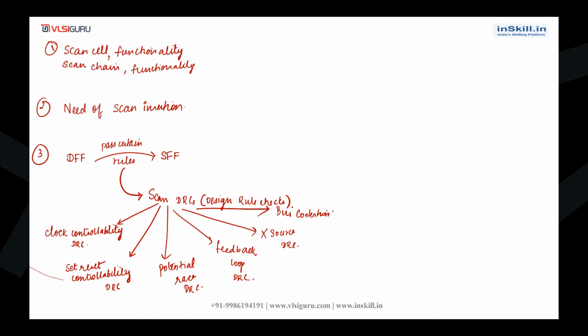Likewise, there will be various scan DRCs. We will explore all these scan DRCs during the scan DRC topic. So for a normal flop to get converted to a scan flop, it has to pass certain rules, and those rules are called scan DRCs, which are nothing but design rule checks.